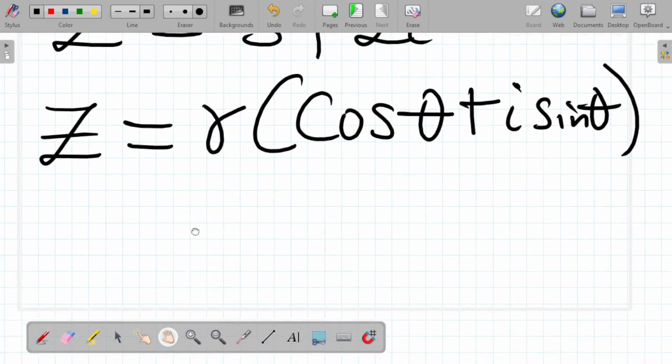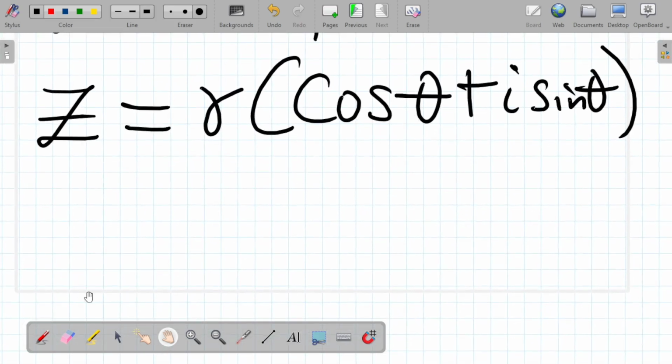So this is the polar form of a complex number. So we've gotten r and we've also calculated theta. So now let's substitute into the equation.